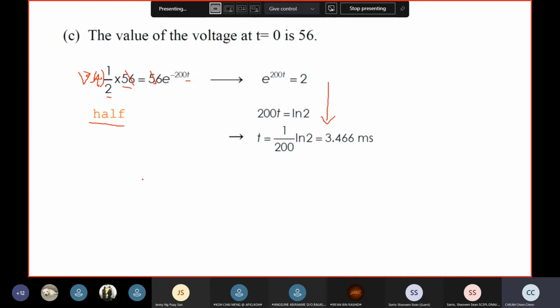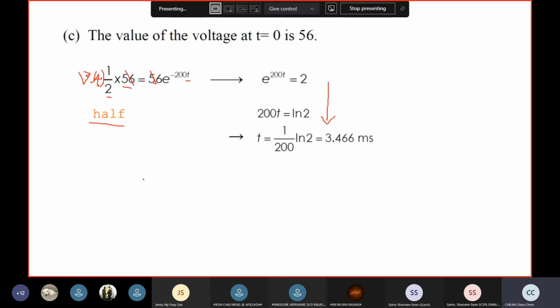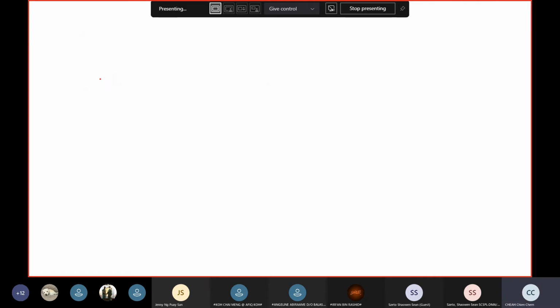Okay, so we have started energy storage elements and circuit analysis of energy storage elements. I hope everybody can get the idea from this tutorial. You have a complex circuit with energy storage elements.